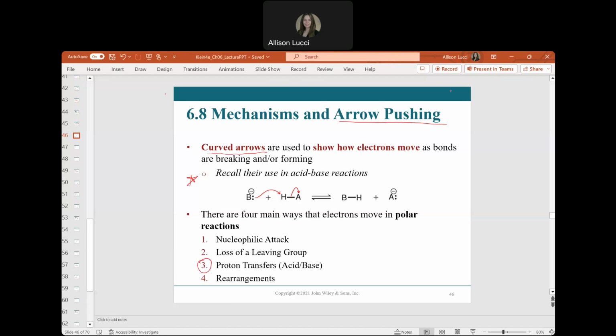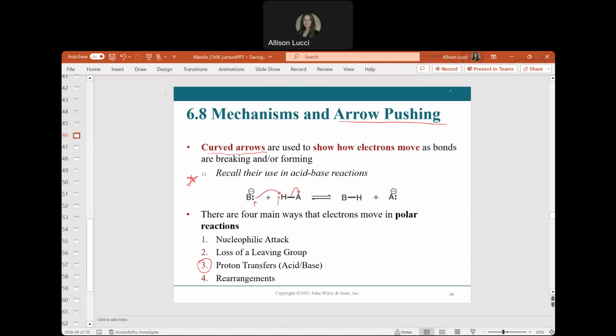We see our base, our B here with a negative charge, and the head of this arrow is grabbing this proton, right? So the tail of the arrow right here is where the electrons will start, and the head of the arrow is where the electrons end. That's always going to be the case with this arrow pushing type of drawing.